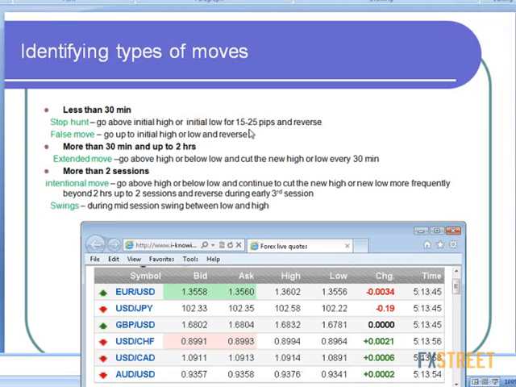A false move is the one which happens either up to the high or up to the low and reverses. In the case of GBP, they came up to the high, 68.32, but did not breach the high and came down. So they made the false move on the upside in the case of GBP, came down and breached the low, and subsequently they are holding closer to the initial low to make further moves during the late European session.